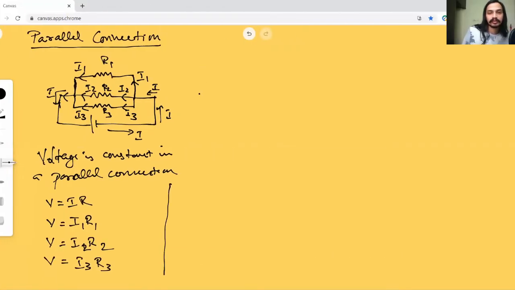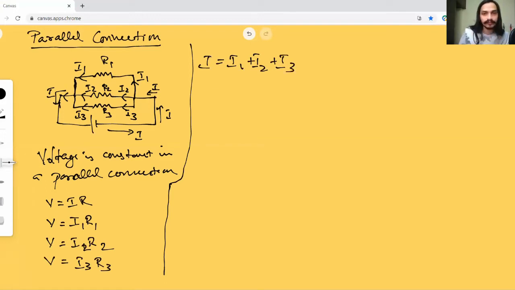One more thing we know is that this current is split into three parts: I1, I2, and I3. If I add up all the independent currents, I'll get my original total current I. So I equals I1 plus I2 plus I3. I'm going to use this formula and these formulae to make a connection.